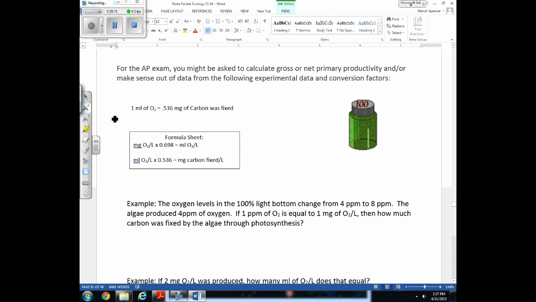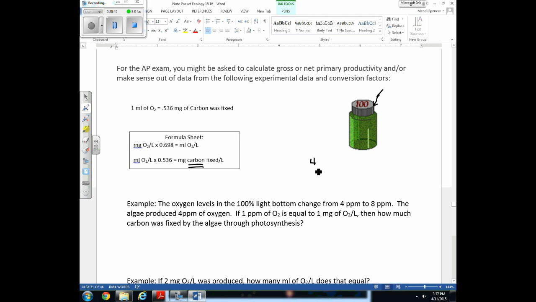On your formula sheet, these are the 2 equations that are related to primary productivity in plants. Basically, what we're able to calculate is how much carbon was fixed, or made into organic molecules, through the process of photosynthesis. Let's take a look at this bottle that was getting 100% of light.